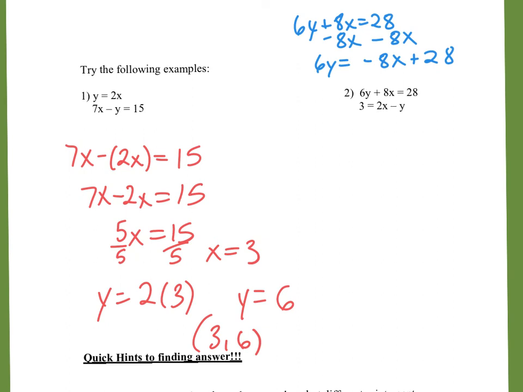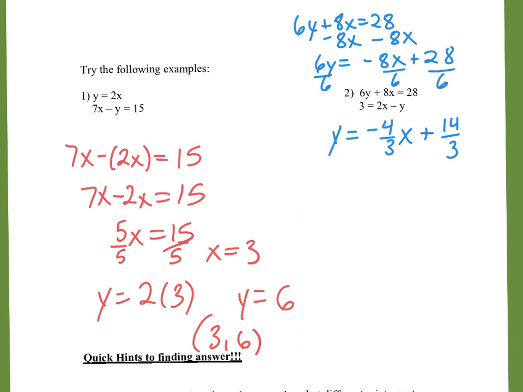Now what? Divide by 6. So y equals negative 4/3 x plus, what's 28 over 6? I don't think that's going to simplify. These are coming out to some weird fractions, aren't they? We'll just do 14/3.